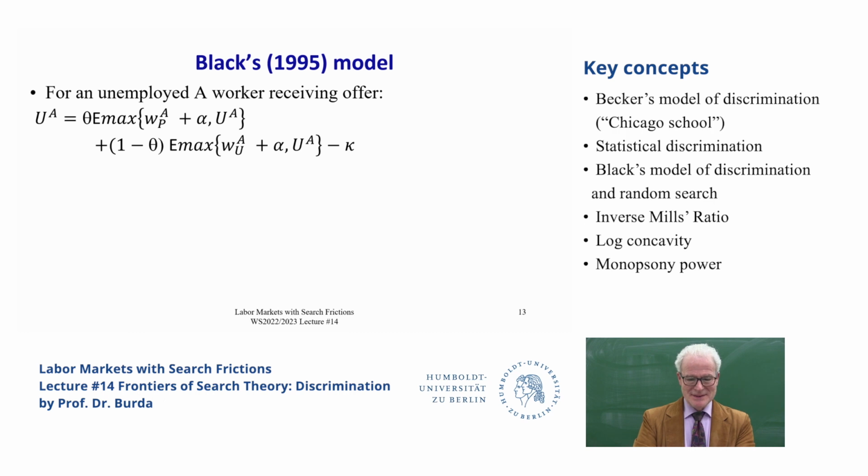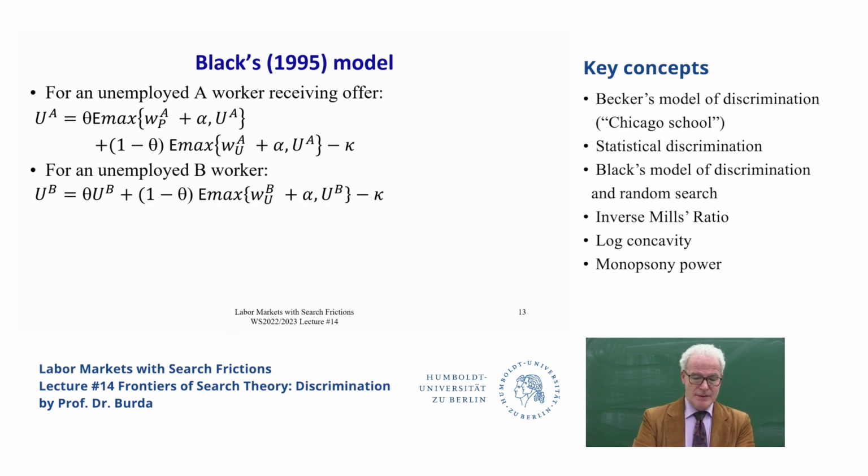We'll see in a second. But we just have to, because again, this is a partial equilibrium. The firm hasn't been looked at yet. The worker is deciding, I'm an A worker. I'm out there. I'm going to run into a prejudiced guy with probability theta, an unprejudiced guy with probability 1 minus theta, and then I got to pay kappa in every case. Okay, so that's a beautiful, beautiful setup.